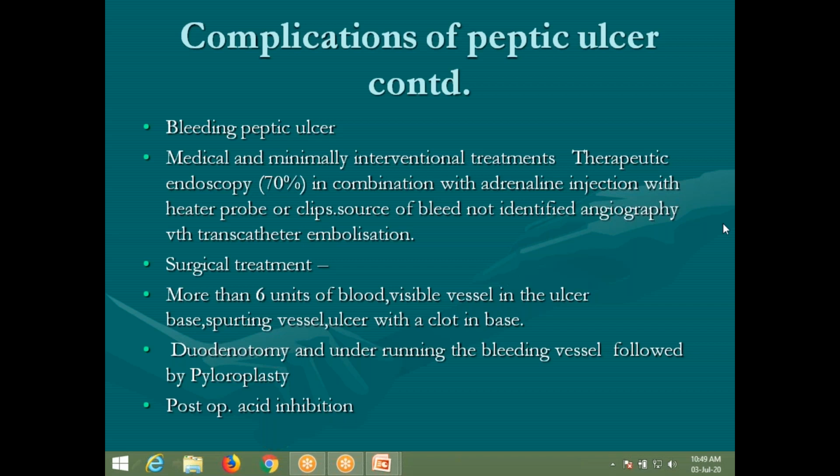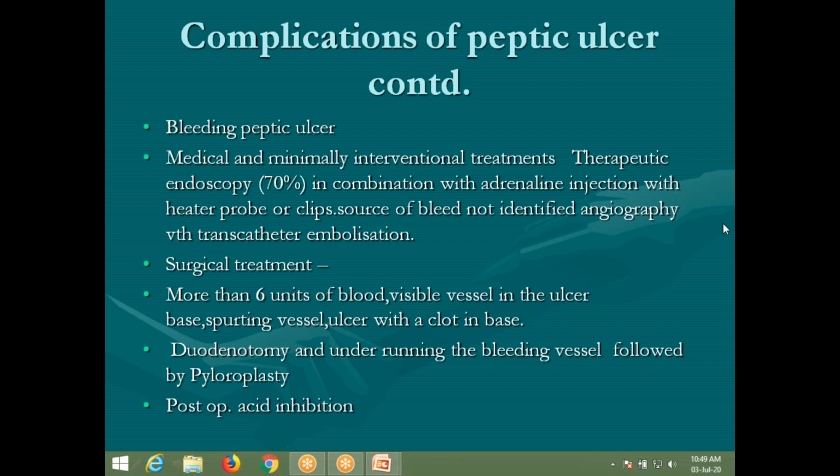Okay, so when it is continuously bleeding, or if there is a significant rebleed, or if through endoscopy you find a visible vessel at the ulcer base, if there is a spurting vessel which you can't catch with a hemoclip, or if there is an ulcer with a clot in the base, or if the patient is continuously bleeding and you are transfusing more than 6 units of blood.